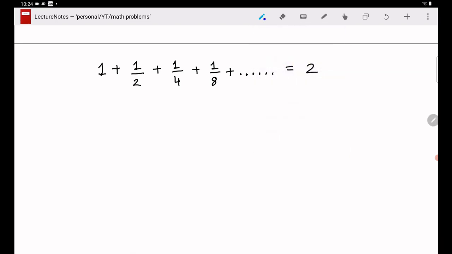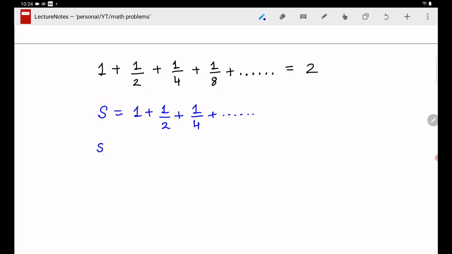To find the sum S of the terms of this series, and I'm writing it down again, we divided both sides of this equation by 2.